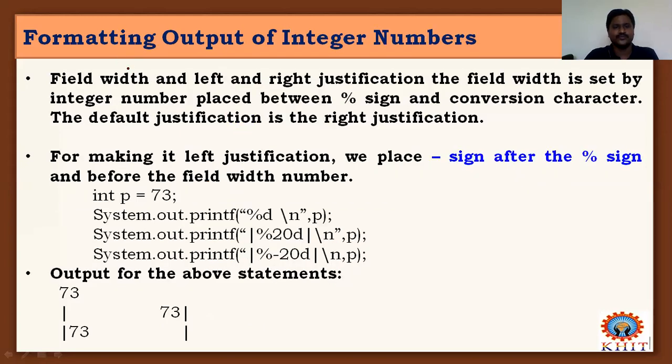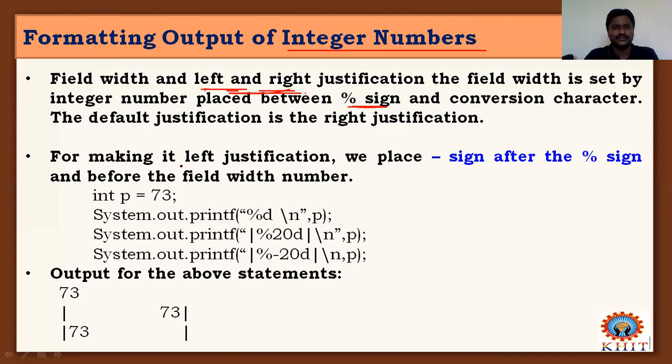Coming to formatting output of integer numbers. Generally we specify a field when we are assigning a value to a particular variable, and the justification may be left justification or right justification, and we can use some sign to get right or left justification.